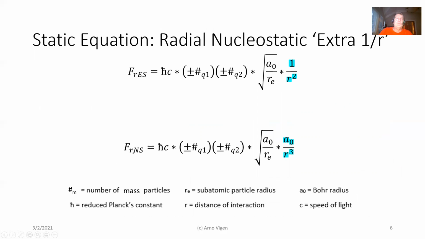But the force for nucleostatic is an extra 1 over R, but that has to be relative to that Bohr radius, A sub O. So the balancing force has an equation that looks exactly the same, except when the radius is A sub O, it will be the same, but when the radius is something else, it will not be. In fact, it actually always, for the hydrogen, comes back to that radius.